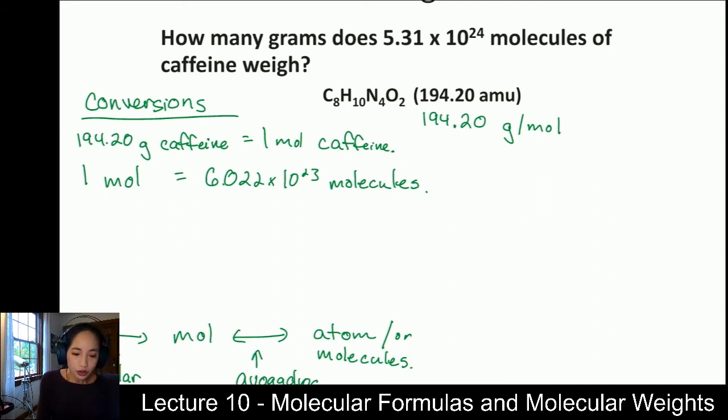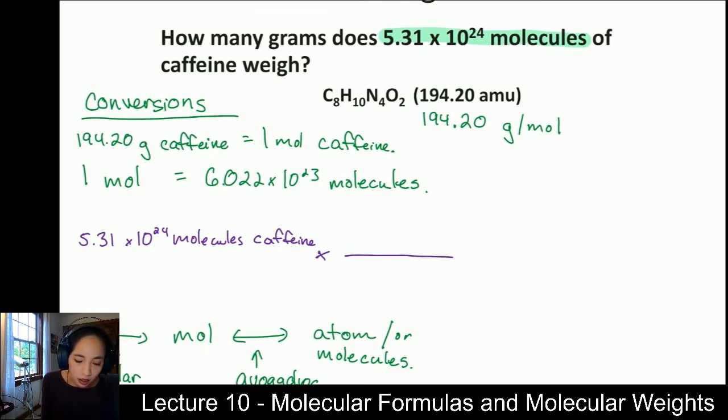Typically with any word problem, you start with the number that's given, so here you want to start with molecules. I'm going to start with 5.31 times 10 to the 24 molecules of caffeine. I'll be super specific. Right now this number is in units of molecules of caffeine.